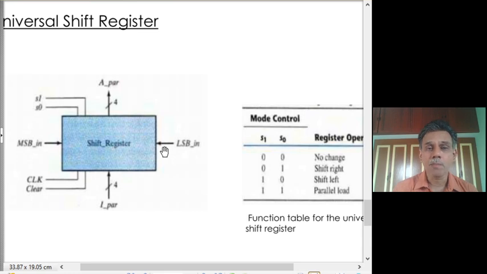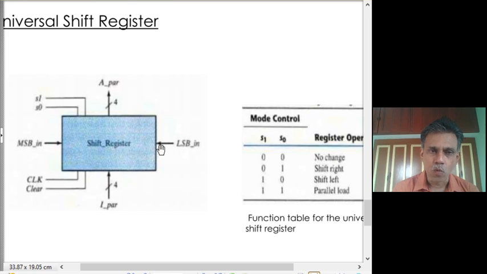And to enable the parallel load operation, there have to be 4 lines which go inside. They are called the I lines, which are input lines, and the 4 bits can be read out in parallel. We'll call them A lines. So each of them is 4 lines.